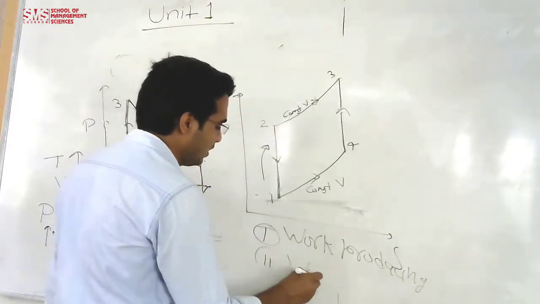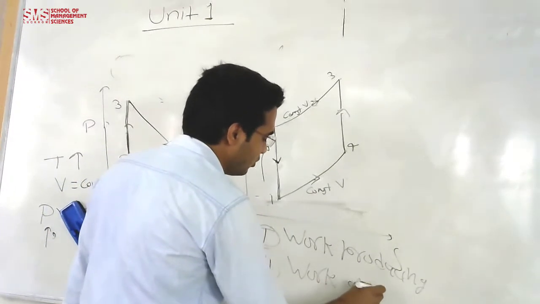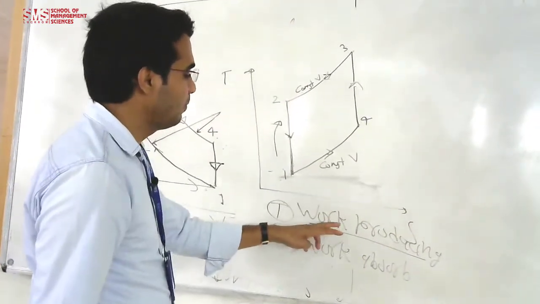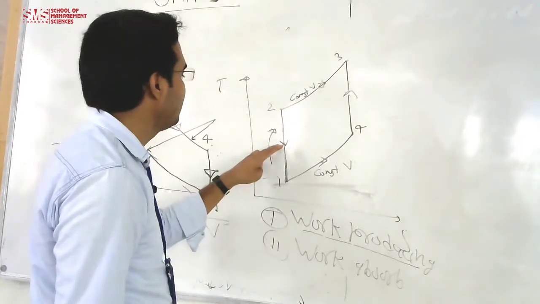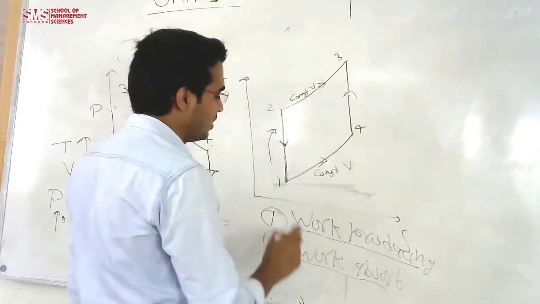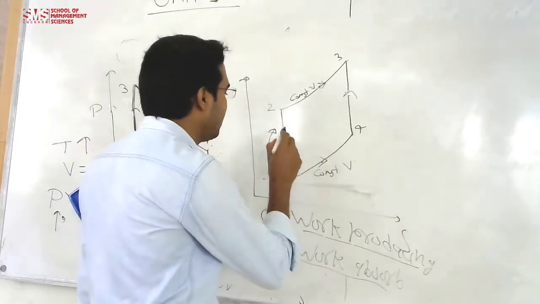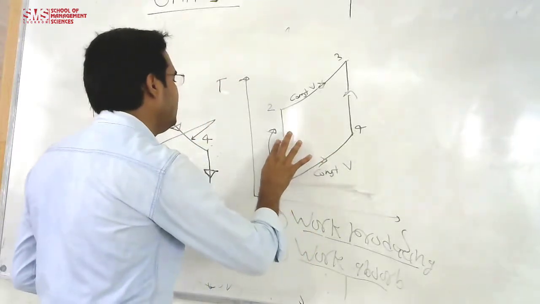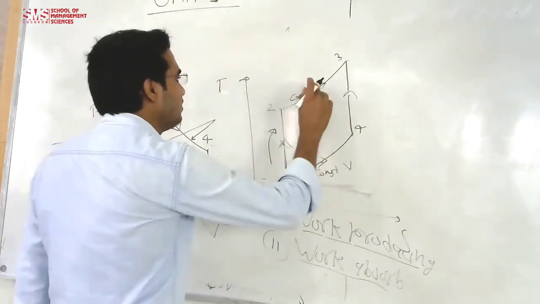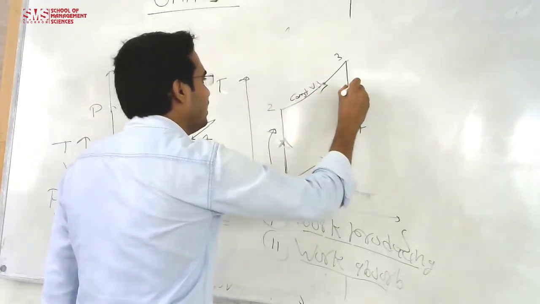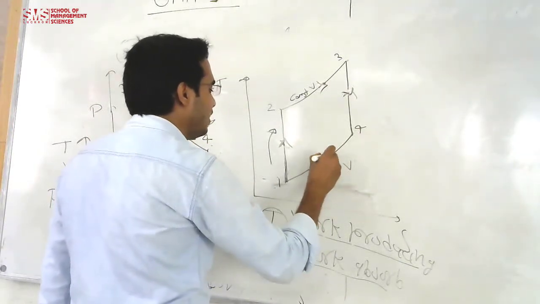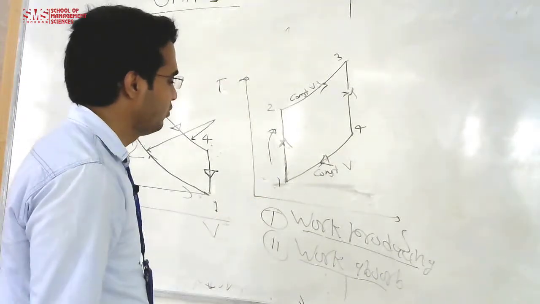The second is a work absorbing device. The arrow for work producing devices is always in a clockwise direction, and for work absorbing devices anti-clockwise. Your engine is a work producing device, so the arrow will be pointed clockwise. Never put your arrow in an anti-clockwise direction for work producing devices.